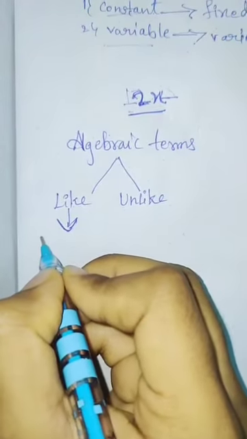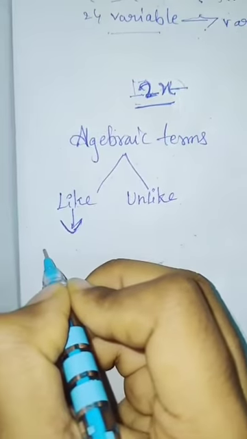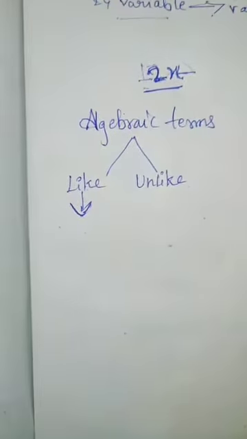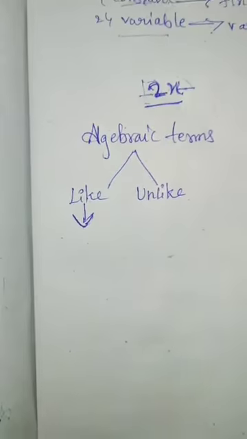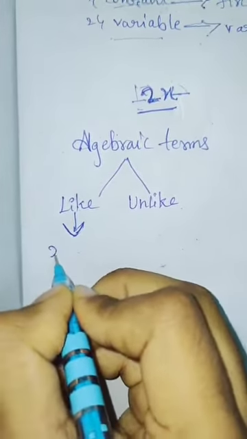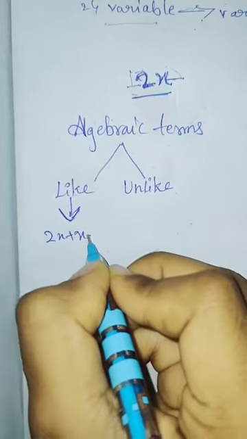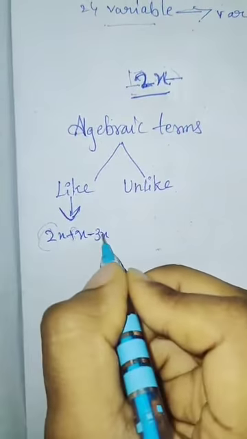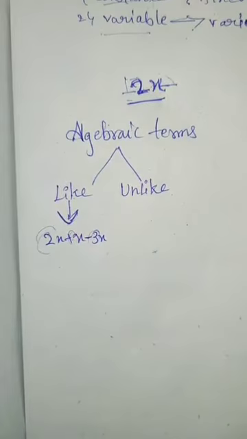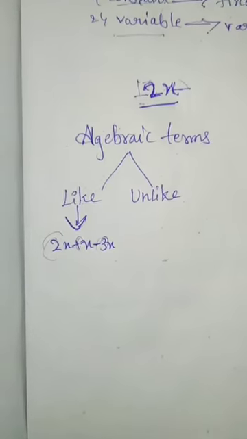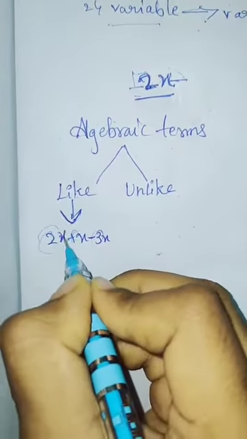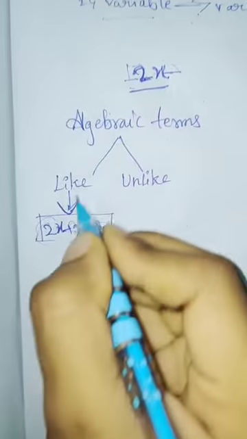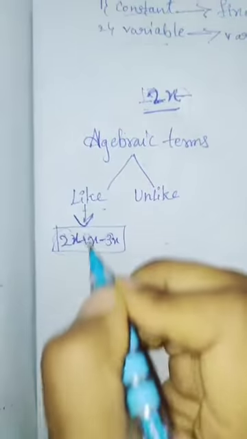First let us write the definition of like terms. Algebraic expressions having like terms, we say that the variables are the same. For example, 2x plus x minus 3x. In this case only the coefficients or the constants are varying, whereas the variable is the same all over. So this type of algebraic terms are called like terms.